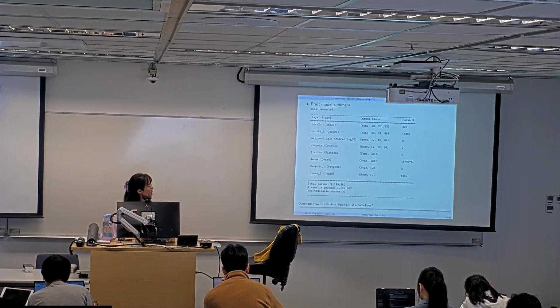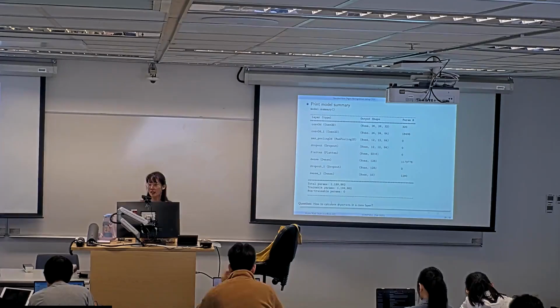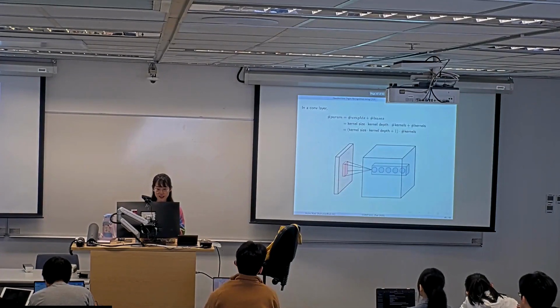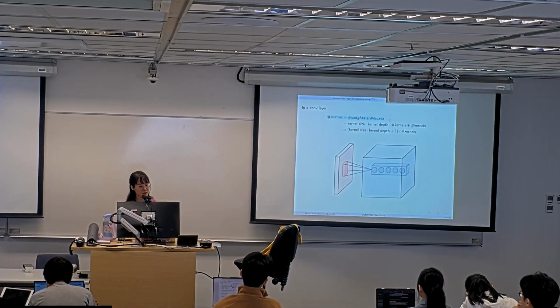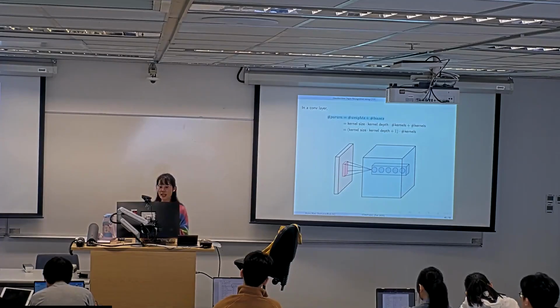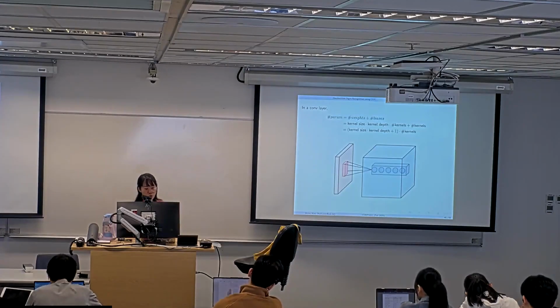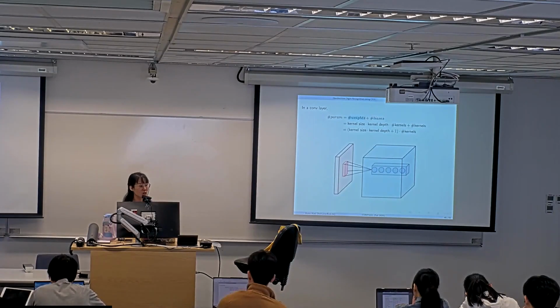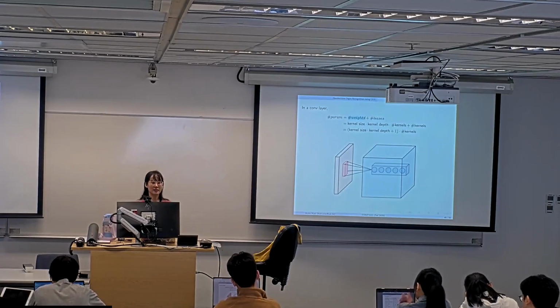Then the question would be how to calculate the number of parameters in a convolutional layer. The rationale is the same as with the dense layer. The number of parameters should always be the number of weights plus the number of biases. When we are talking about the parameters in a neural network, we only have these two types of parameters, weights and biases. But the weights in a convolutional layer are the number of entries in a kernel.